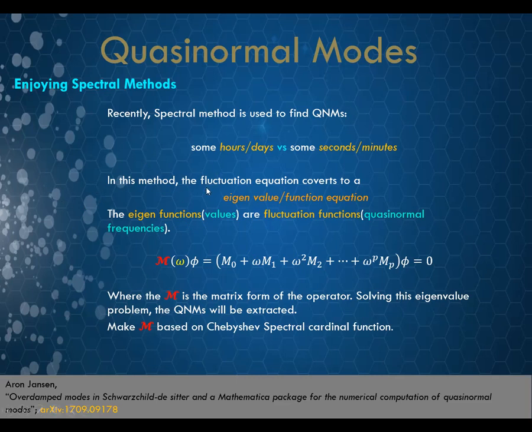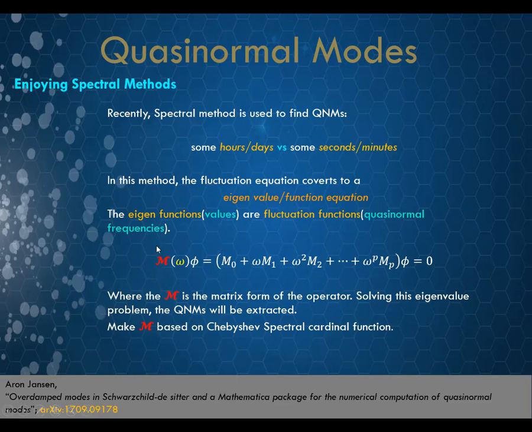In this method, the fluctuation equation converts to an eigenvalue equation, and the eigenvalues of this new form of equation are the quasi-normal modes, and the eigenfunctions are the fluctuation functions.